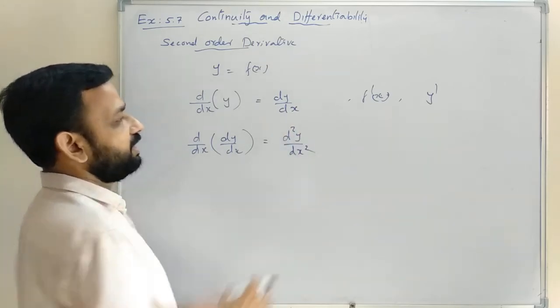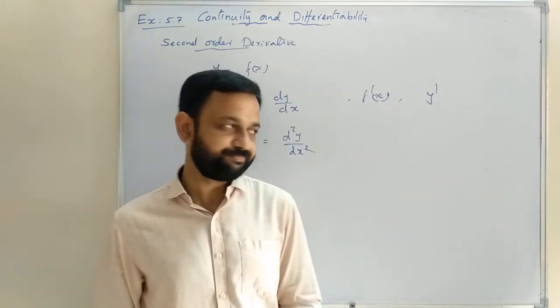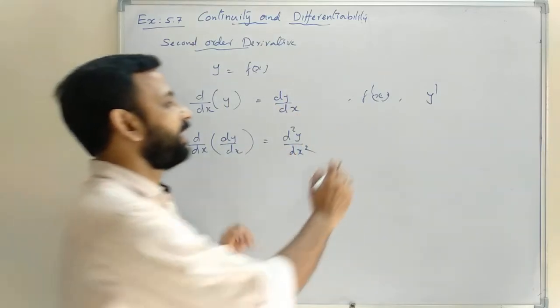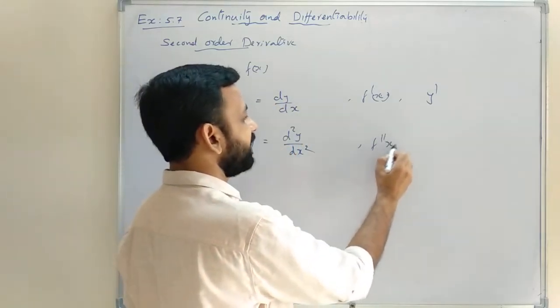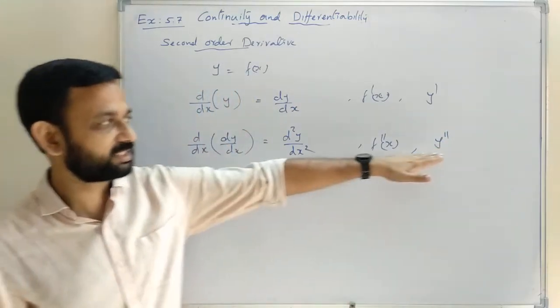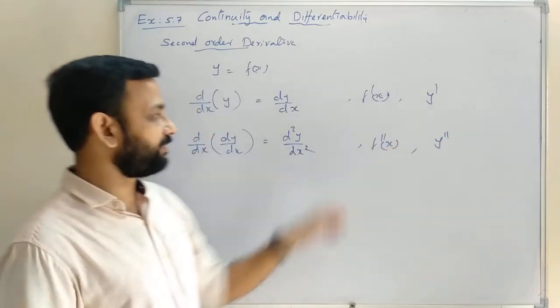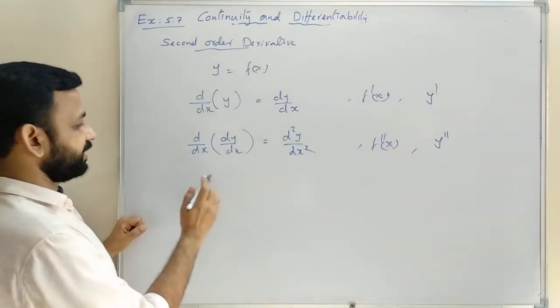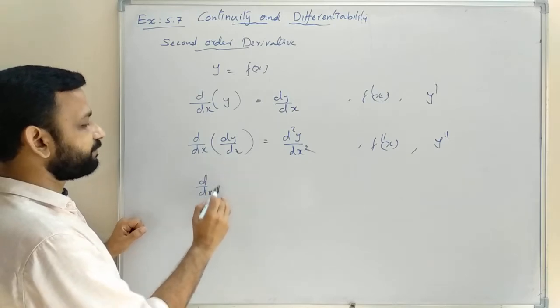This is called the second order derivative, and it can be denoted as f double dash x, or as y double dash.